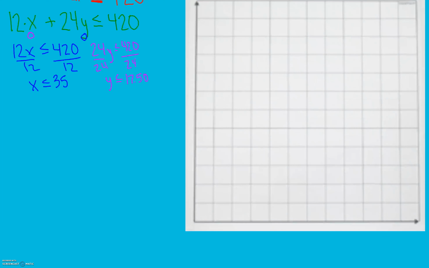So tile is going to go on our x. So cost for tile. And then cost for wallpaper on the side. So my wallpaper is at $17.50. If we look here, I have 12. Yeah, 12.